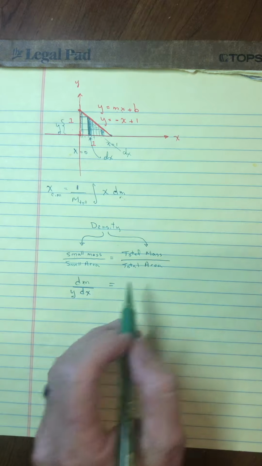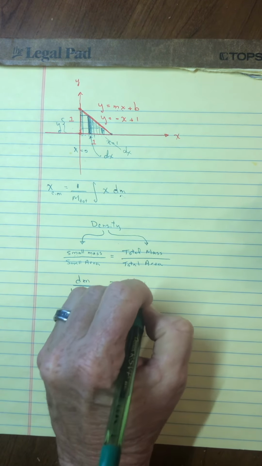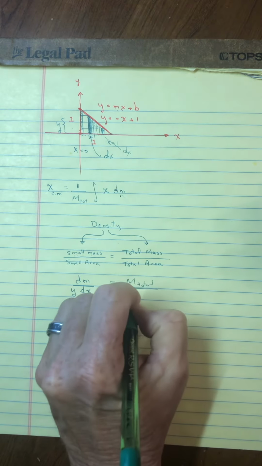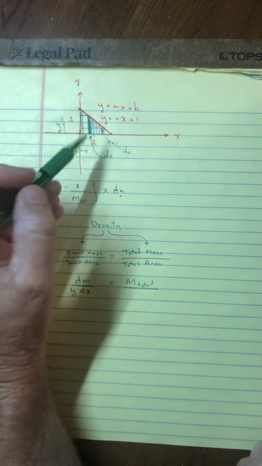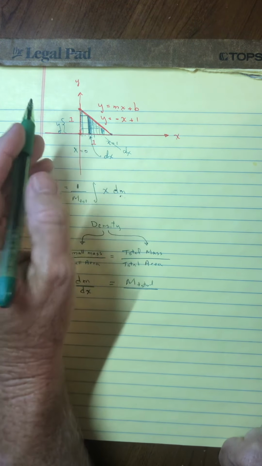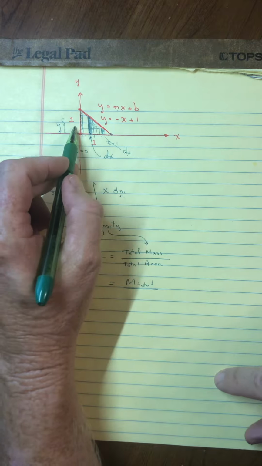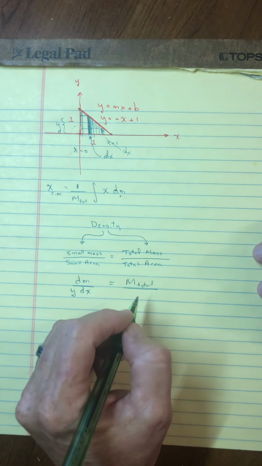Now, the other side of this is pretty easy. This would just be what we would call the total mass over the total area. And the total area is, you know, since this is a triangle, it's 1/2 times base times height. And height and base are each 1. So 1/2 base times height is 1/2.